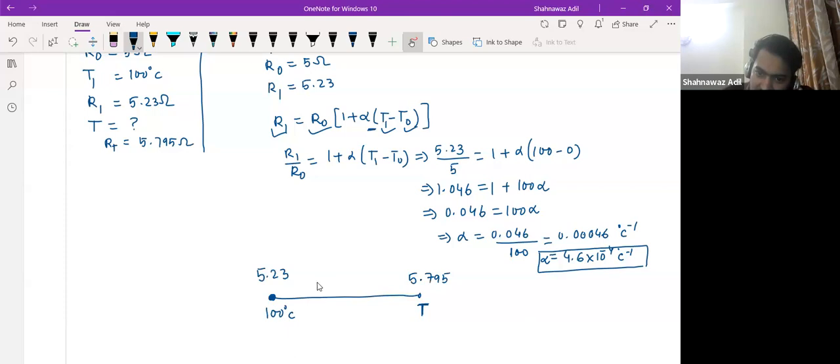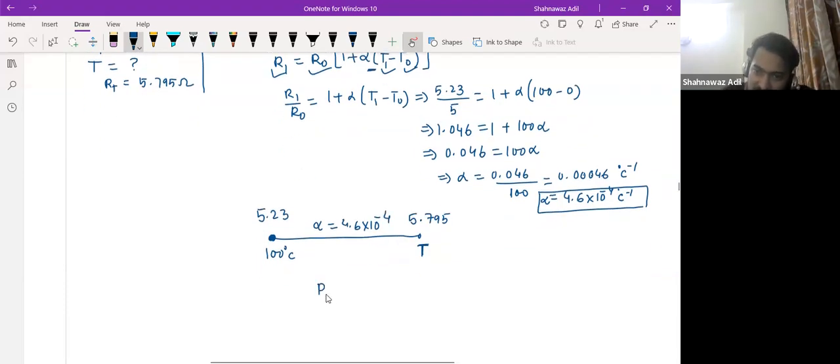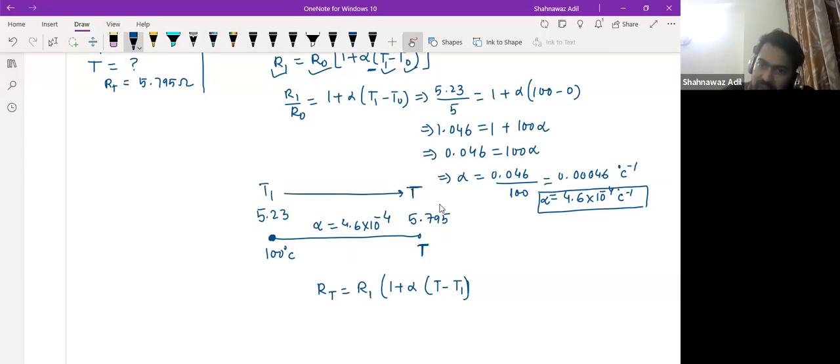We also know alpha, which is 4.6 times 10 to the power minus 4. So we have RT equals R1 times (1 plus alpha times (T minus T1)), because we are going from T1 temperature to T temperature. So RT is there, R1 is there, alpha is there, T1 is there.